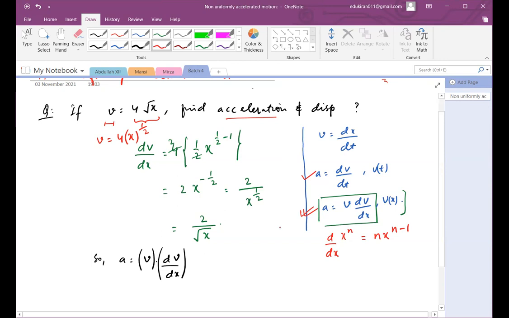In order to remove the root, we power it by 1 by 2. Root in terms of exponent is just half.